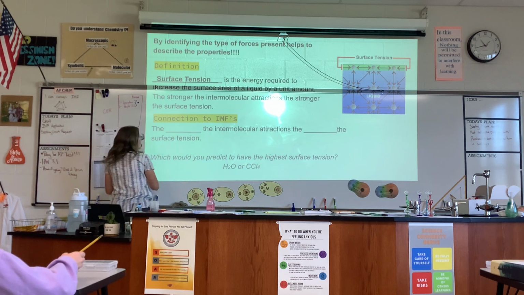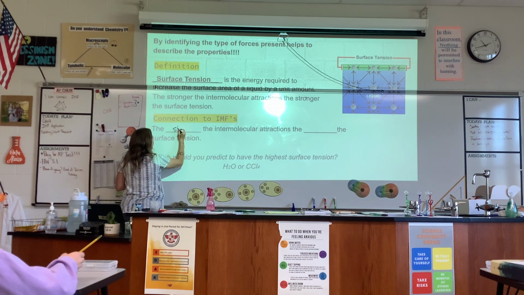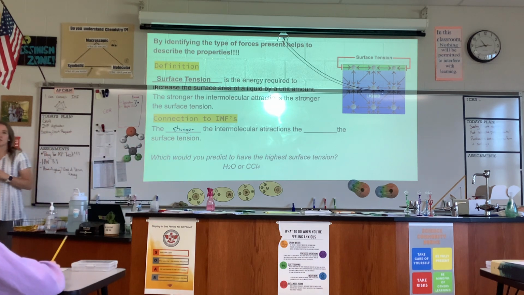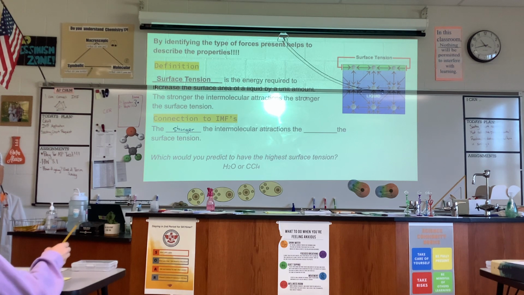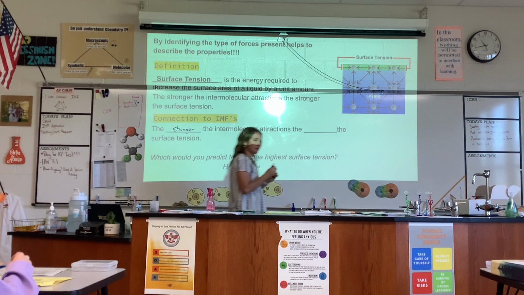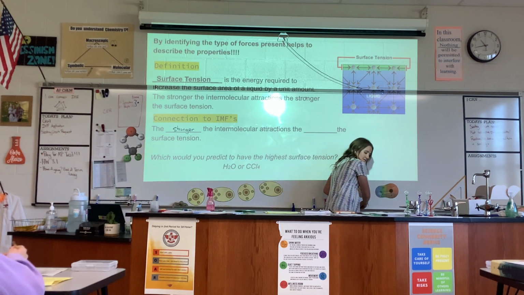Don't say it out loud, but you can whisper with your neighbor. So what would our connection be? If something had strong IMFs, the stronger the IMFs, the what the surface tension? Just write it down. If something has strong IMFs, what could you claim about its surface tension? You can whisper with your neighbor.